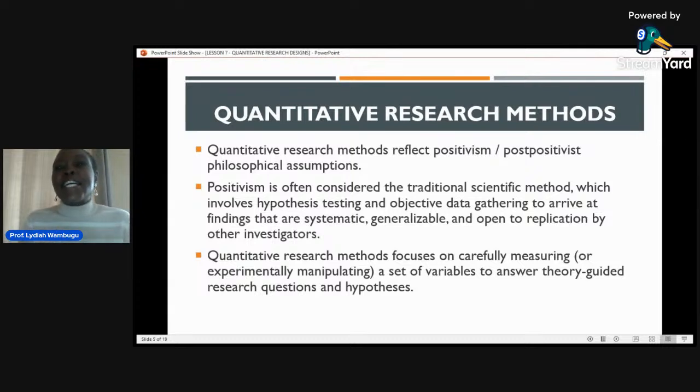And many researchers feel like when you're testing hypotheses, you are answering research questions, you are being very systematic, generalizing it to the wider population, like you're doing a better research than when you give people stories. And that is why even when you look at government documents, they will mainly show you the progress or their performance in terms of numbers.